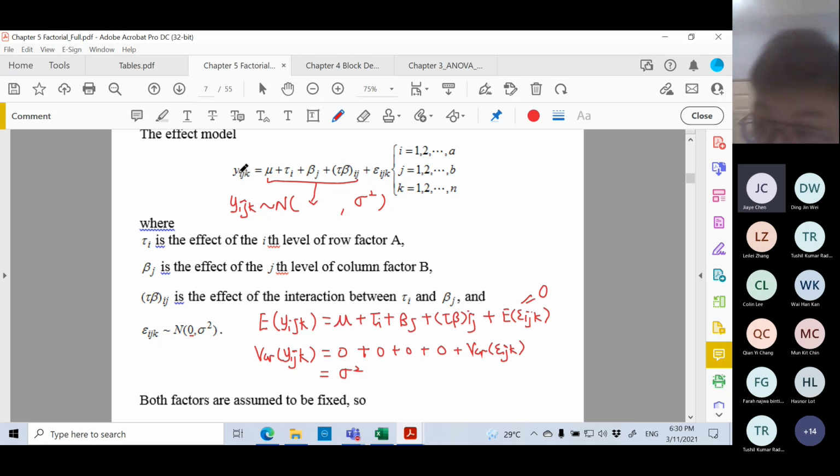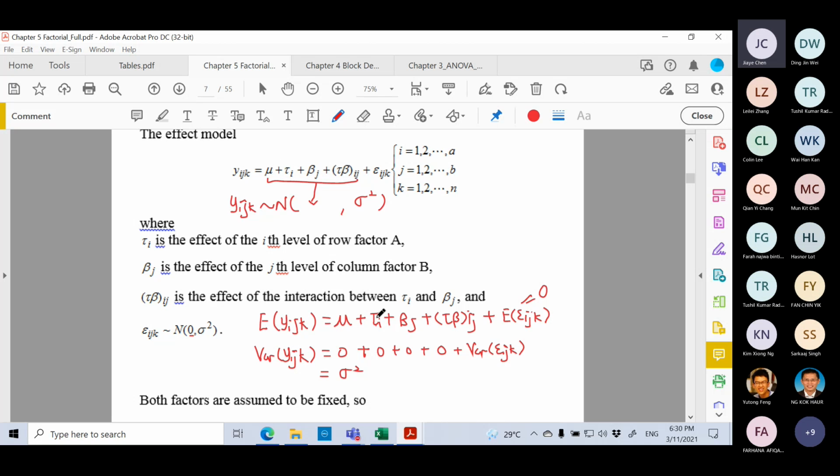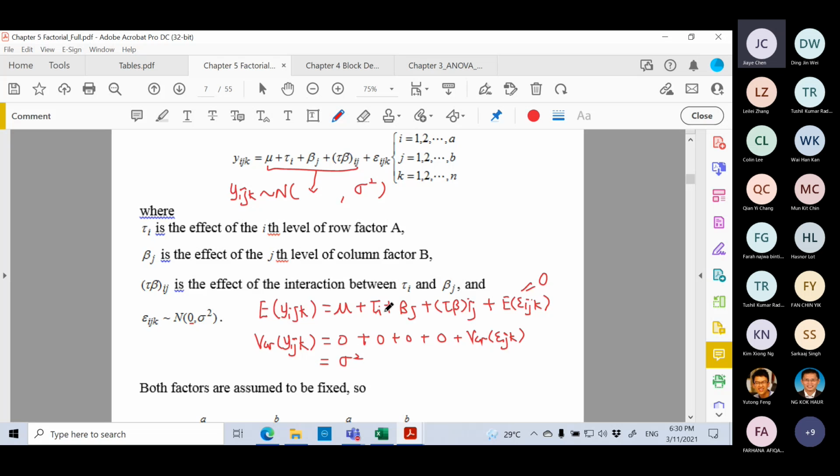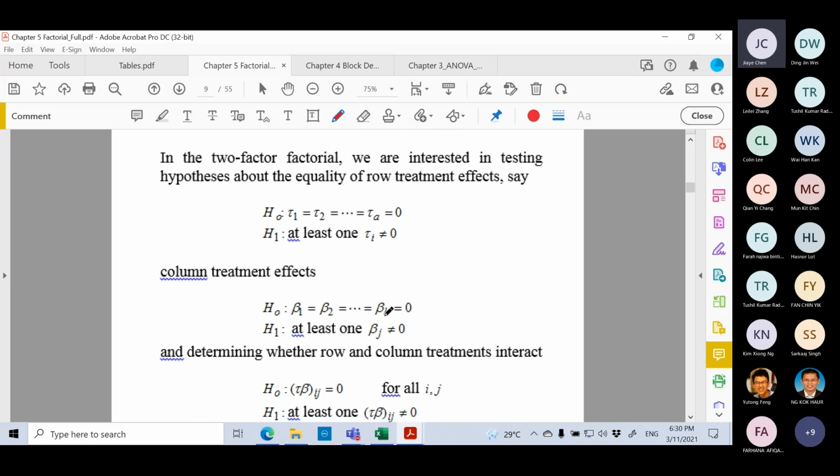The expectation of the mean will be equal to just a mu. So it means that if all these things equal to 0, the tau, the beta and the tau beta will equal to 0. So all the observations have a common mean. So if they have a common mean, it means that there is no difference in their mean. Okay. So therefore, if you want to test for the factor A, we are testing the null hypothesis and alternative hypothesis.